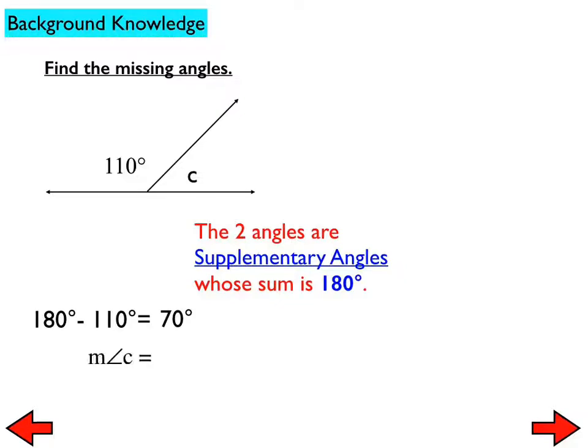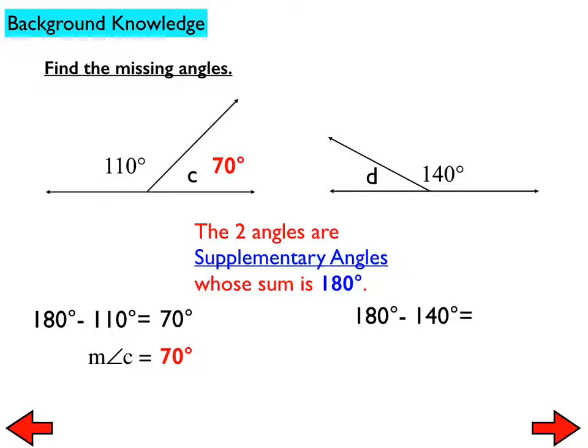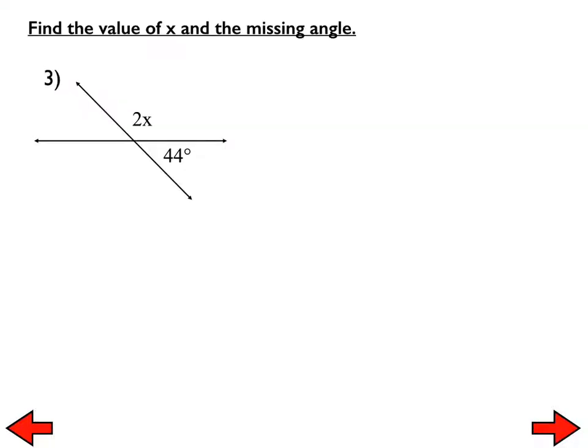Of course, those ideas from yesterday were the ideas of supplementary angles and also vertical angles. At this point, it should be clear to you that a picture like number 3 represents supplementary angles. The angles are adjacent and they're right next to each other on the same line.